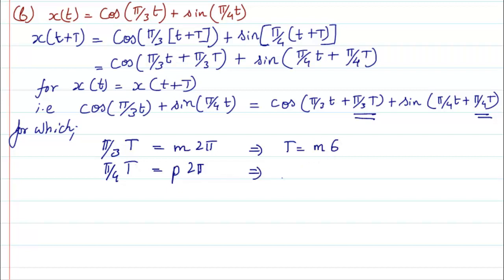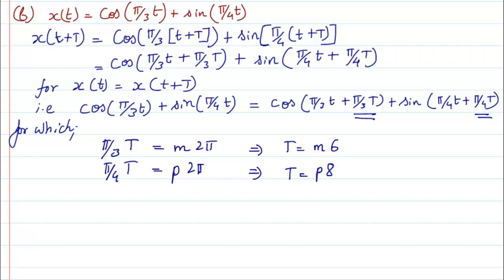And similarly here, if I want to find capital T, I will get T equal to p into 8. So T is some multiple of 6 and also some multiple of 8.